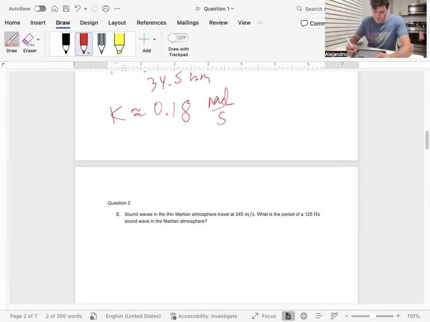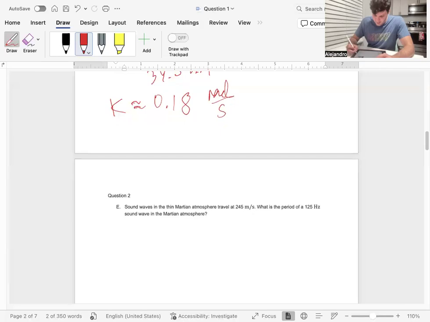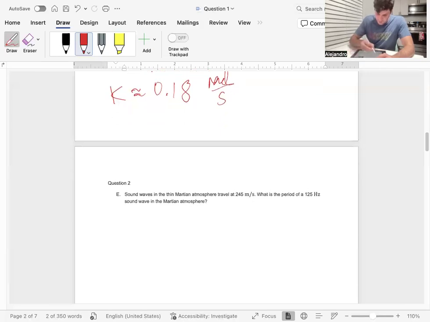Question number 2. Sound waves in the thin Martian atmosphere travel at 245 meters per second. What is the period of a 125 hertz sound wave in the Martian atmosphere? We are given that sound waves in the Martian atmosphere travel at 245 meters per second.